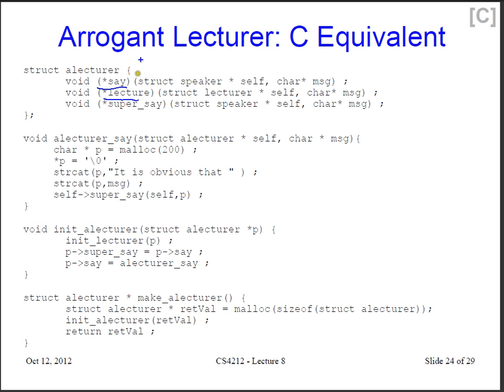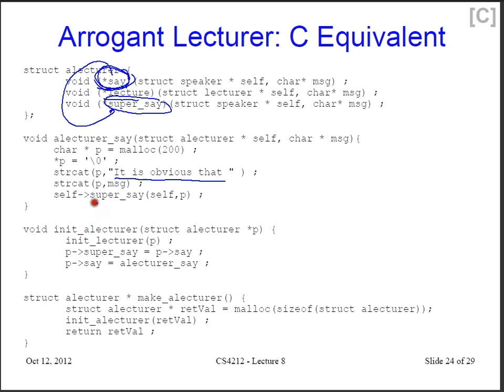So what we're going to be doing in the lecture is we're going to save the old value in here, and we're going to set this to a new value, right? Now, the arrogant lecturer is going to have its own say method, where it prepends this, it resolves that. And I did that in the C way. I used string concatenation, and right, this is how it worked.